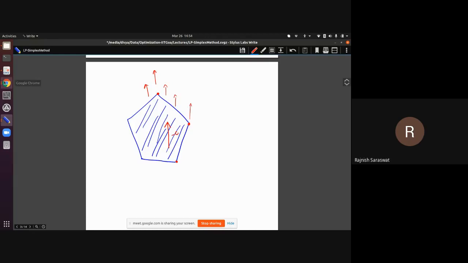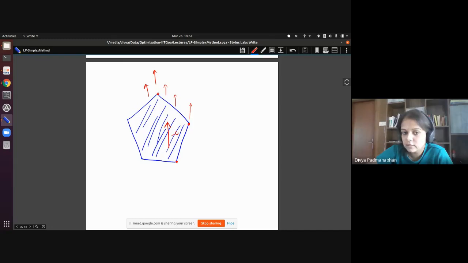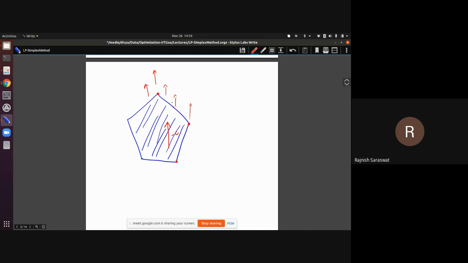Suppose instead of these five lines, the uppermost vertex lies in between these two. Can you number the edges here?